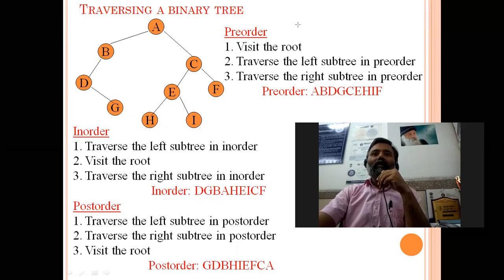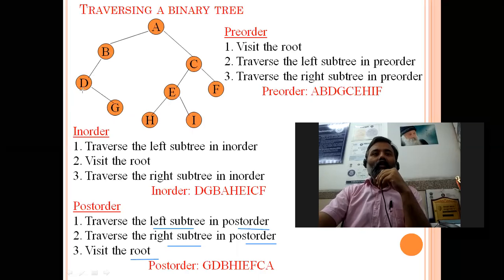Now again post-order. In post-order, we will traverse the left subtree in post-order, then the right subtree in post-order. At last, we will traverse the root. So here, this is the root. Firstly this left subtree, then the right subtree, at last the root node. Now this left subtree, again we will traverse in post-order.